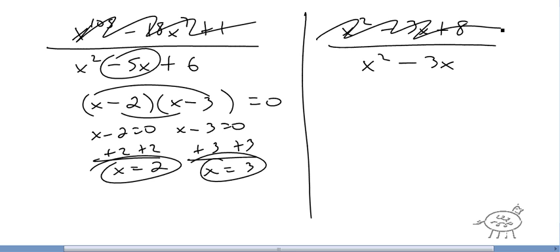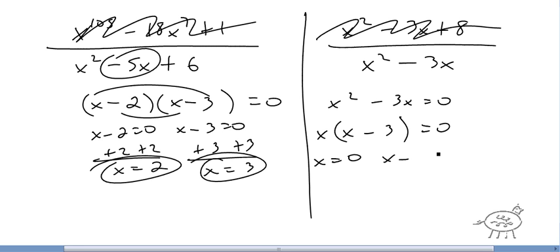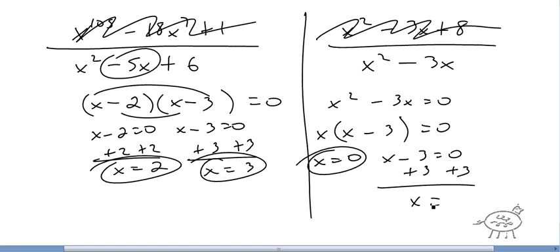So, again, I don't care about the top. It's x squared minus 3x equals 0. Greatest common factor is x. So, I have two answers. X equals 0. X minus 3 equals 0. So that's one answer, and add 3. X equals 3. Okay? Pretty easy. Pretty easy.